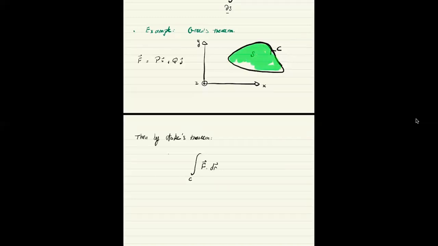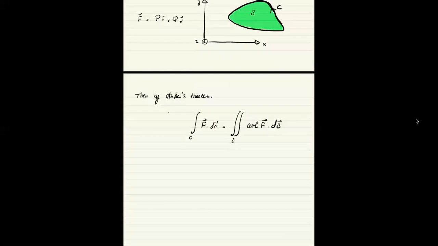Now what is the boundary of this surface? The boundary is the curve itself, right? It is a simple region and everything is okay. So the boundary is the curve itself. So this is equal to the integral over S of the curl of F dS, okay?